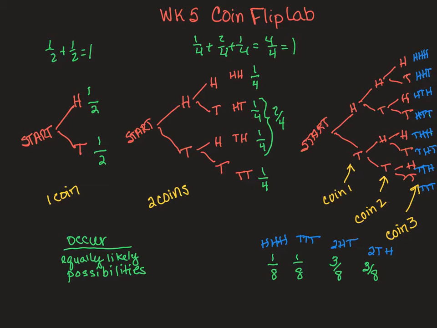And down here I have 1/8 plus 1/8 plus 3/8 plus 3/8 equals 8/8, which equals 1. So remember that if you have all the probability together, it's absolutely going to happen, and that is 1. We said in class, 0 means it's never going to happen, 1 means it's always going to happen, and in between is the chance of it happening more or less.